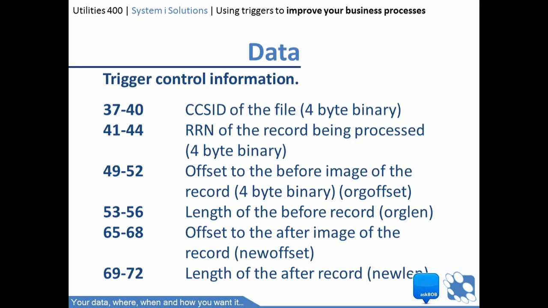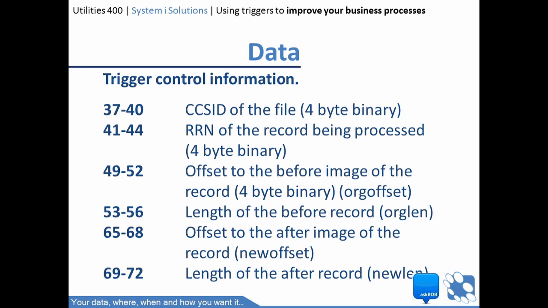Where that record starts in your buffer that's passed to the program. The next 4 characters are the length of the before record, i.e. if it says it starts in byte 120, and it could be 2000 long, so it'll go from 120 to 2119. So that's how your program has to extract the data.